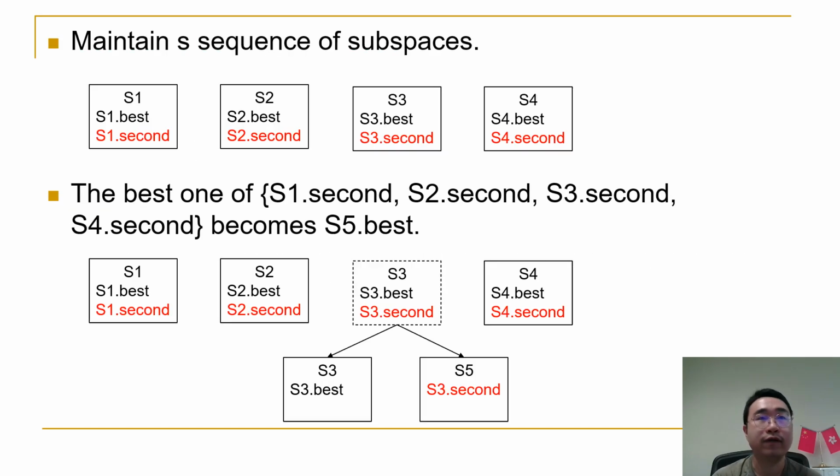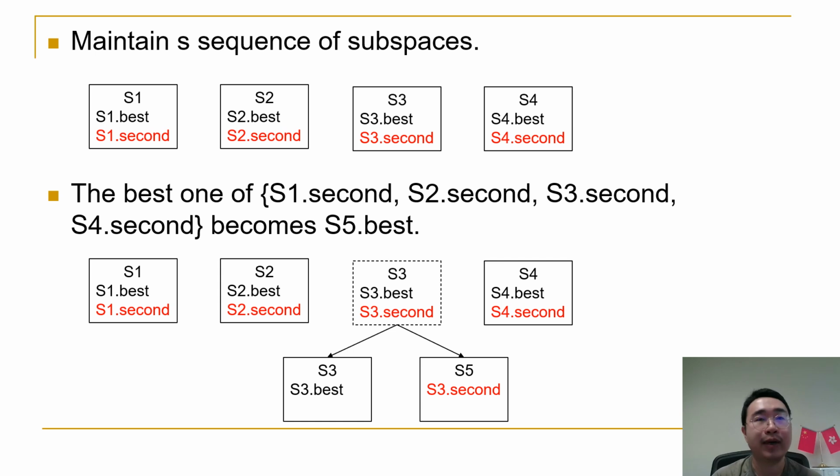This is a demo of the k-best matching algorithm. There are 4 subspaces from S1 to S4, and we have already calculated the top 2 matchings of each subspace. Suppose the second best matching of subspace S3 has the largest weight among all second best ones. Then we can split S3 into S3 and S5.